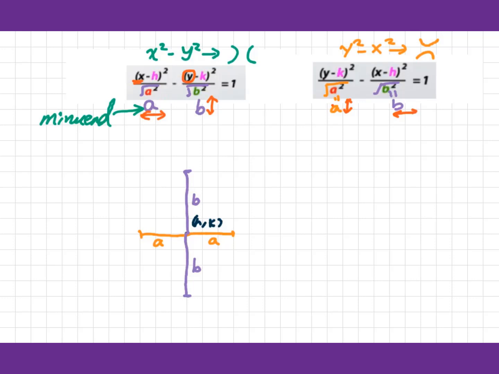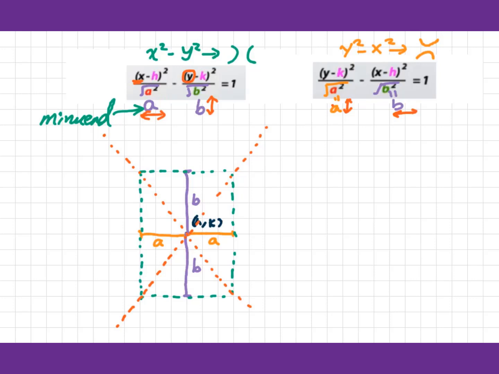The next step, you have to draw a box, a rectangle box. For this rectangle box, you need to draw the diagonal lines, two diagonal lines. Since this hyperbola is horizontal, find the vertices.